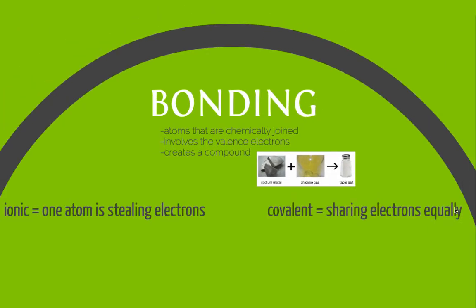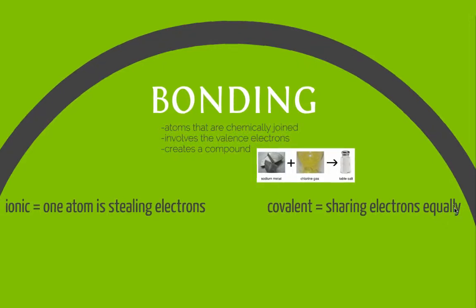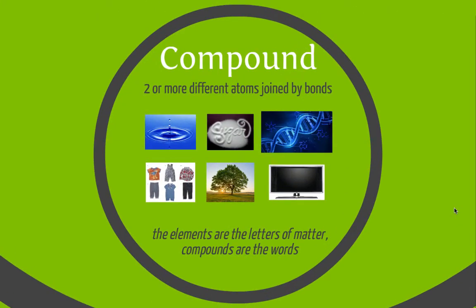Those are the two ways, ionic and covalent, that bonds occur. We're not really going to talk about that, just be aware of it. And a compound is what results whenever bonding happens. It's just when two or more different atoms are joined together. So water, sugar, DNA, your clothes, a tree, a computer, these are all compounds. So if the elements are like the letters, the compounds are the words.